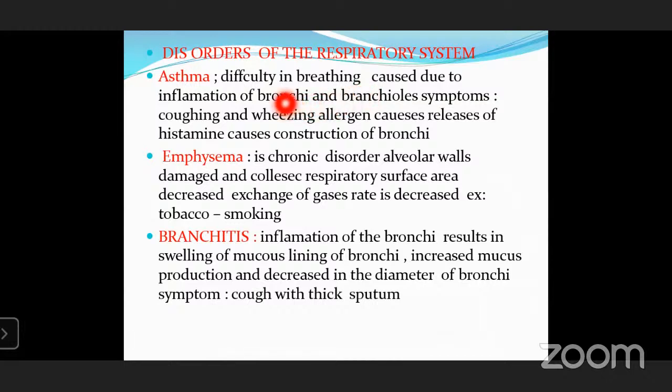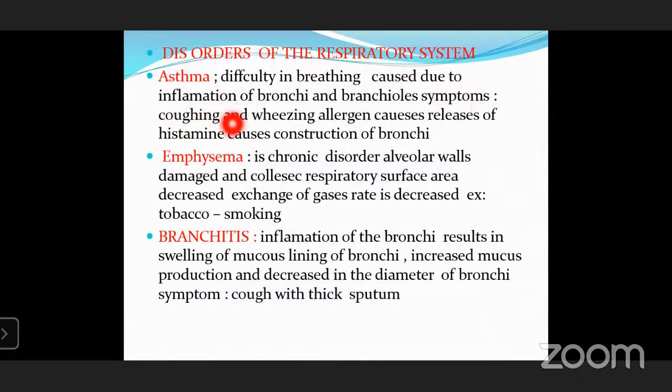So underline this point: inflammation of bronchi and bronchioles. Then what happens? Difficulty in breathing. That is exactly asthma.